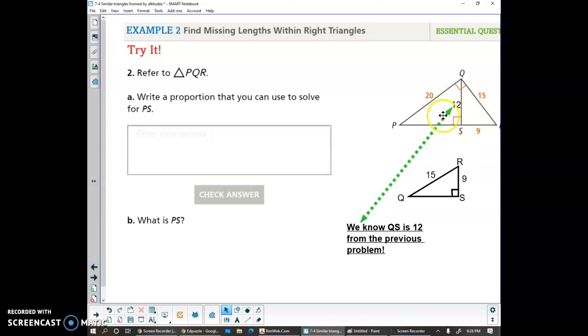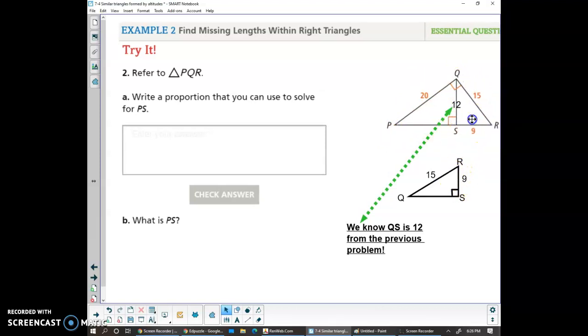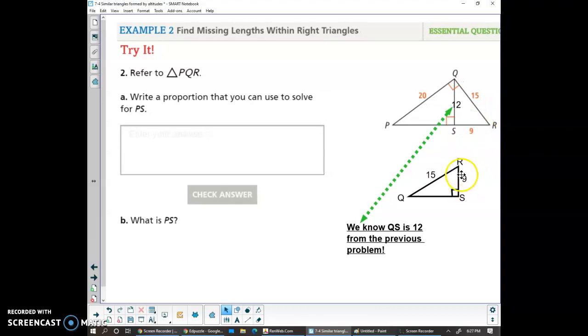So let's use the two smaller ones inside the bigger one. It's a good idea to orient your triangles to be in the same direction. So I took the small triangle and I rotated it 90 degrees so that RS is now facing top to bottom; before it was on the bottom.